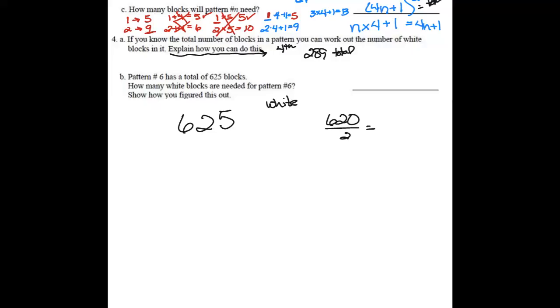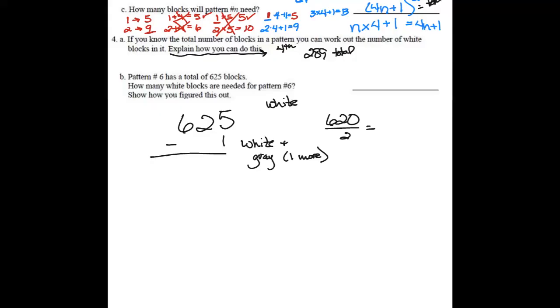Well, there's still a little piece that's off. If 625 is the number of white blocks plus gray blocks, and the gray blocks is always 1 more than the number of white, subtract 1 first so that they are now both equal.